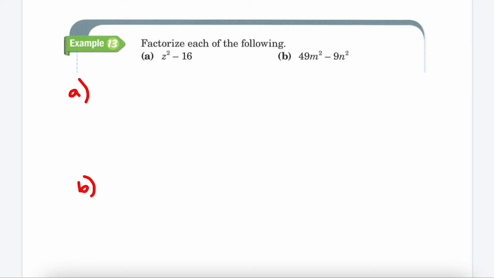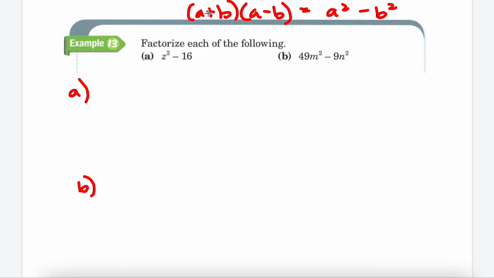All right, this one, I only have 2 terms, so it's going to probably be the difference of squares, where it's a plus b times a minus b, and then remember the middle terms cancel out, so you end up with just the first term squared minus the last term squared.